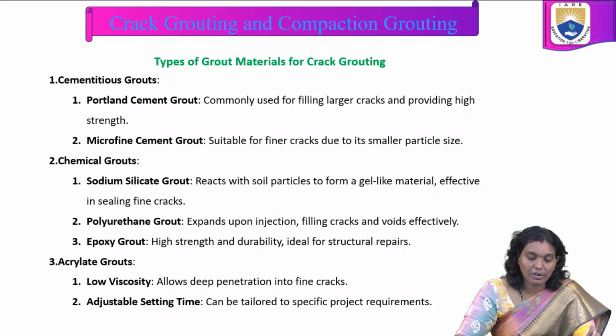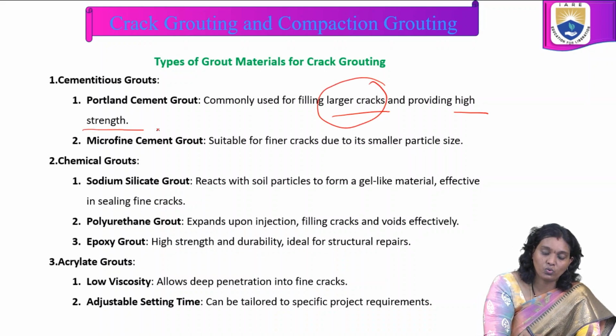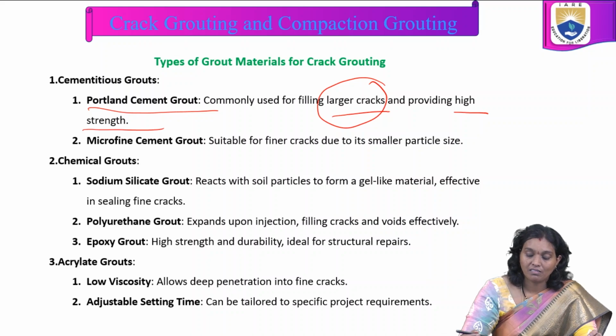Coming to the cementitious grouts, Portland cement grout is commonly used for filling larger cracks, providing high strength. Whenever we require high strength and have a larger crack, we choose this material. Next is the microfine cement grout, suitable for finer cracks due to its smaller particle size.